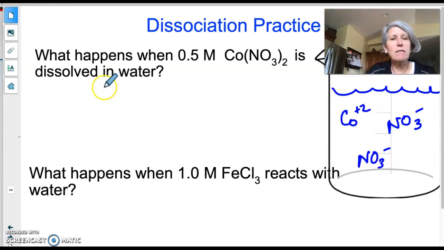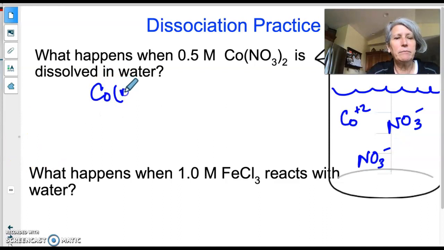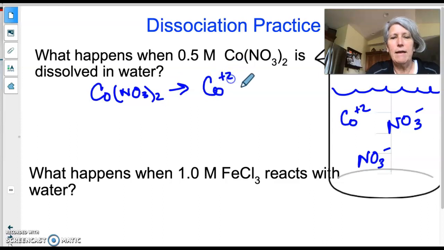If I were to write this dissociation reaction, it would be cobalt nitrate, and that's going to break up into the cobalt ion, and I would have 2 NO3s with a -1 charge. Do you guys remember?